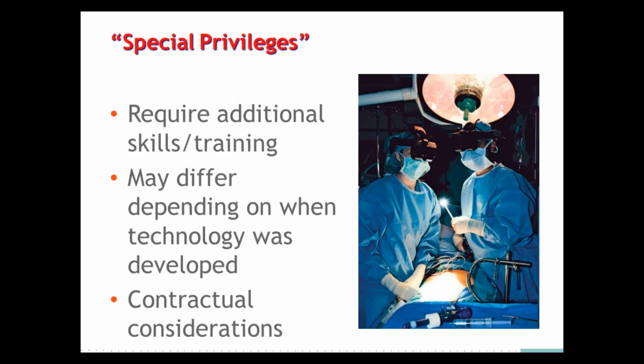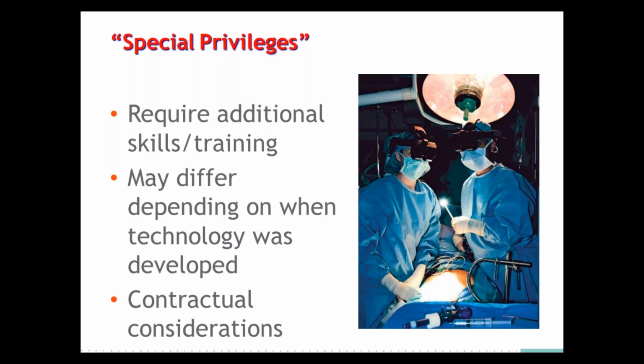So even though someone may be qualified and competent to read that EKG, they may not be able to have those privileges as an official EKG reader because they're not part of the contract. So you may also want to list procedures that require a contractual agreement outside of the core or as a special procedure.